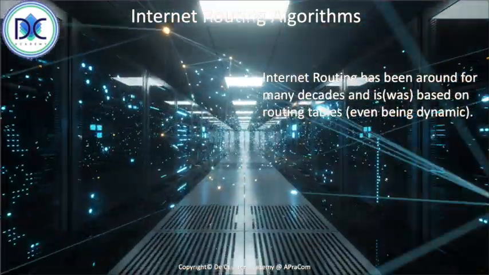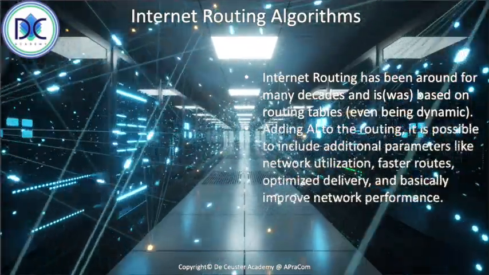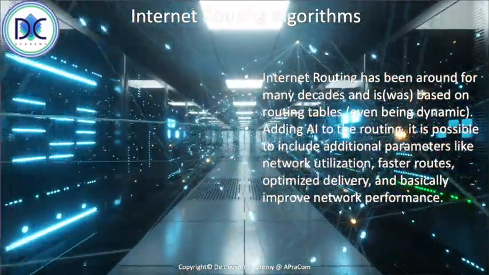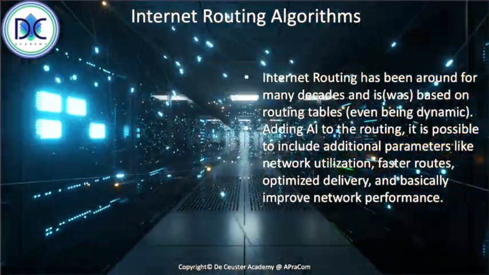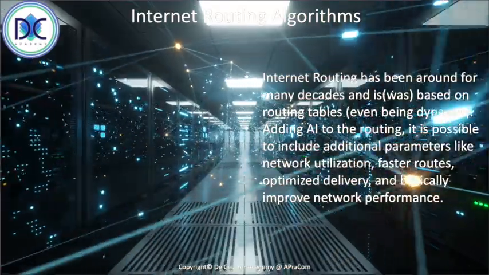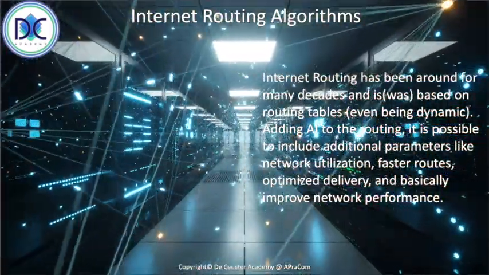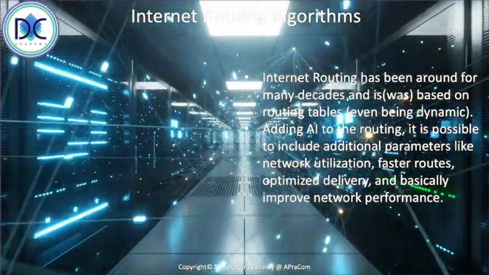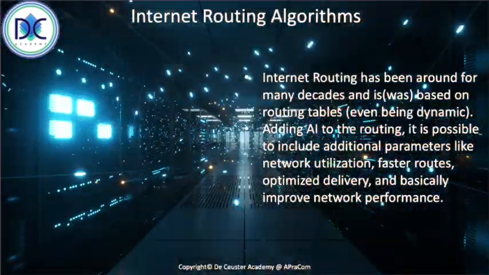The thing is that now we can add artificial intelligence to the routing problem. And we can look at additional parameters. We look at network utilization. We can find faster routes for an optimized delivery. We can basically improve network performance by evaluating the network using AI.